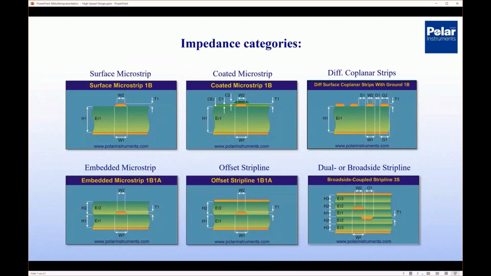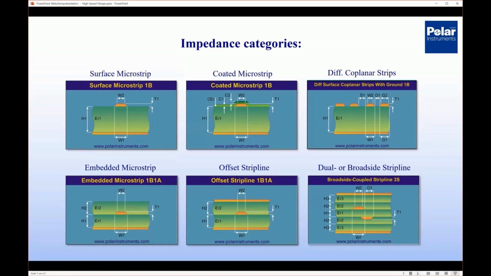In this case, a single-ended structure called surface microstrip, consisting of one trace and a reference plane underneath, a coated microstrip with solder mask on top of it, or also a differential coplanar strip, for example. The lower pictures show embedded microstrips, an offset strip line, or a dual or broadside coupled strip line in this case.